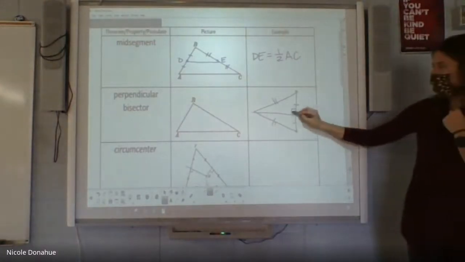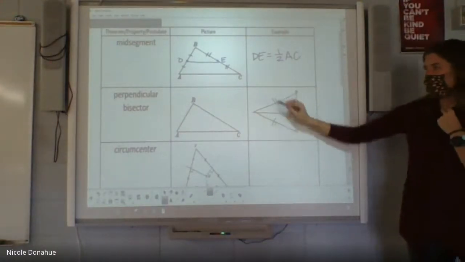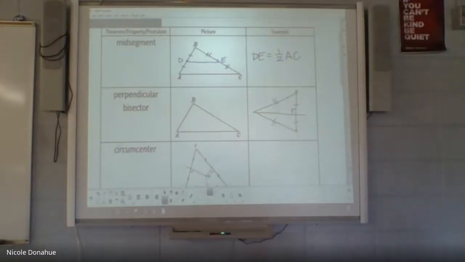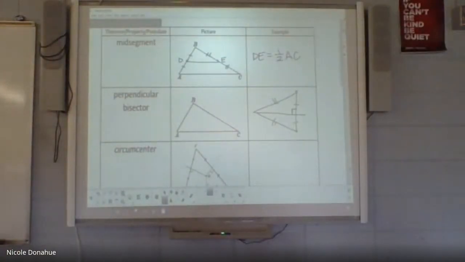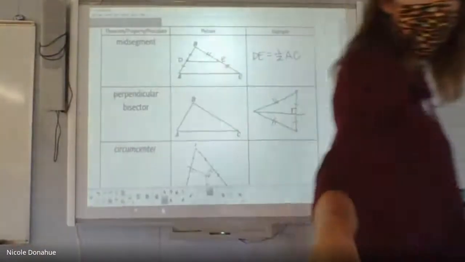So if it's a right angle here, those two are equal and those two are equal. We'll draw it on the triangle another day, but you guys can draw that in. So it's got to be perpendicular and it has to bisect. I would probably just draw it in the other box and we'll deal with the one there next time, or maybe on Monday.